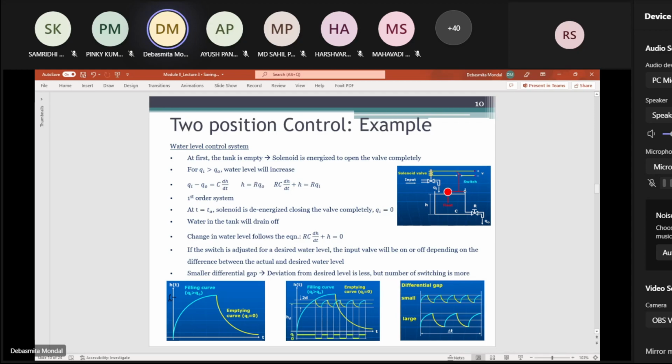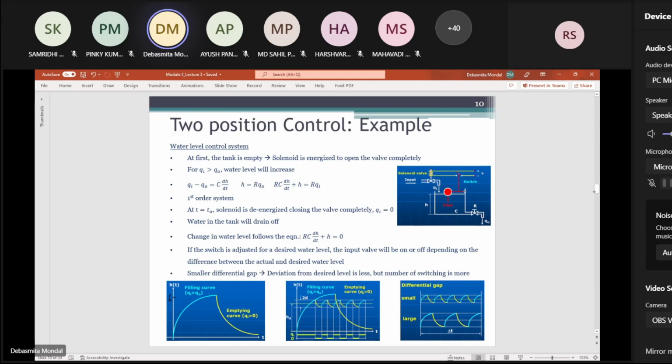Now if the switch is adjusted such that for a desired water level, the input valve will be on or off depending on the difference between the actual water level and the desired water level, which is H. Let's say initially there was no differential gap.